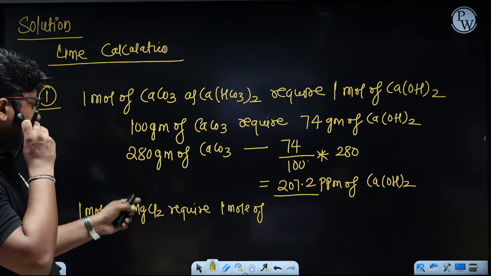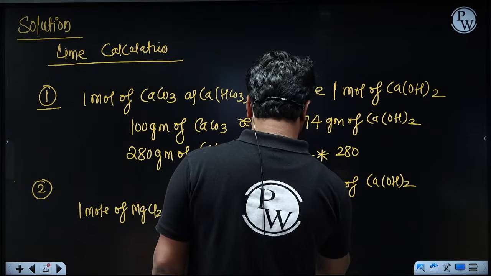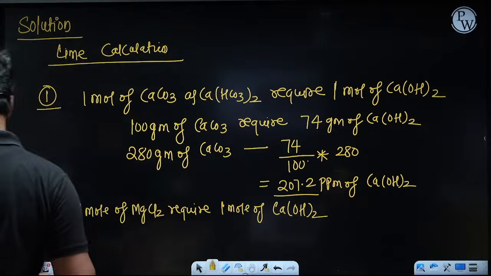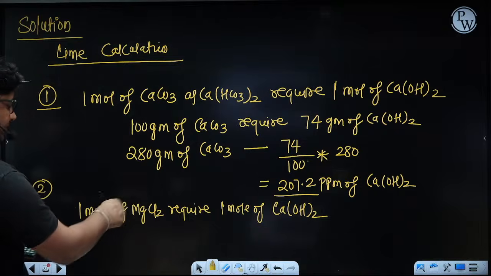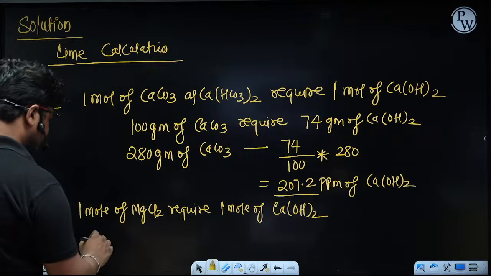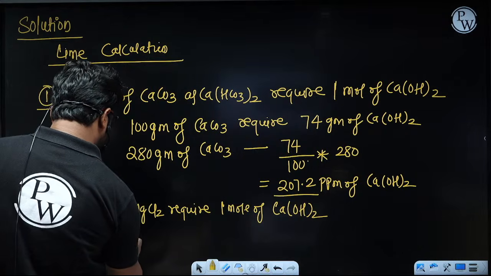So 1 mole of MgCl2 requires 1 mole of Ca(OH)2. Now for 1 mole of MgCl2, how much will be the molecular mass? Can you calculate? Roughly, chlorine will be 35.5, so 35.5 into 2 is 71 plus 24, approximately 95. So 95.